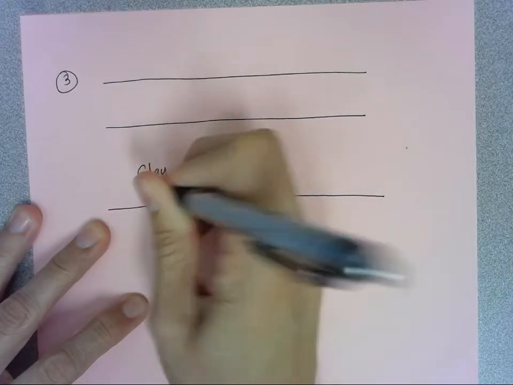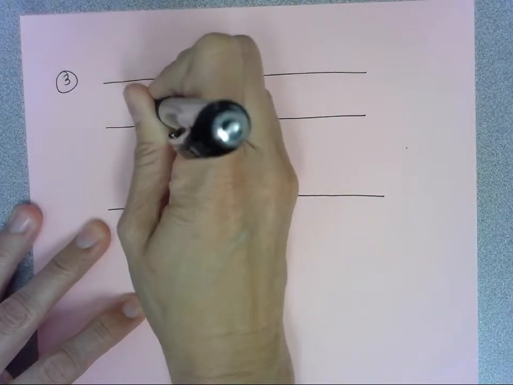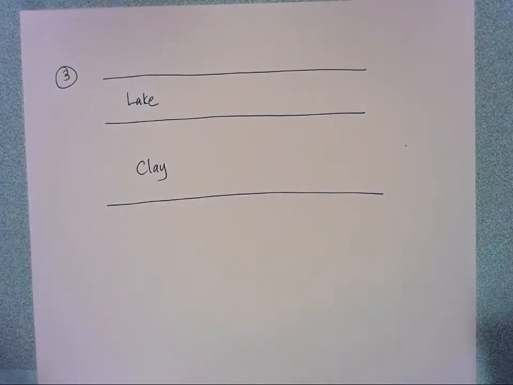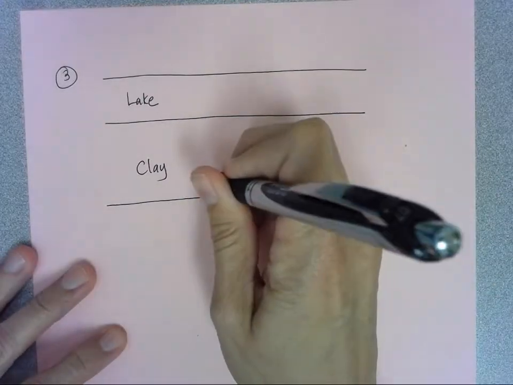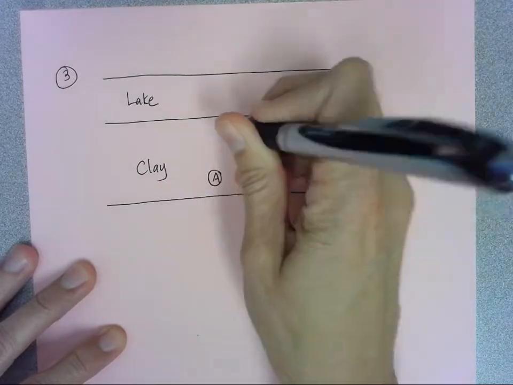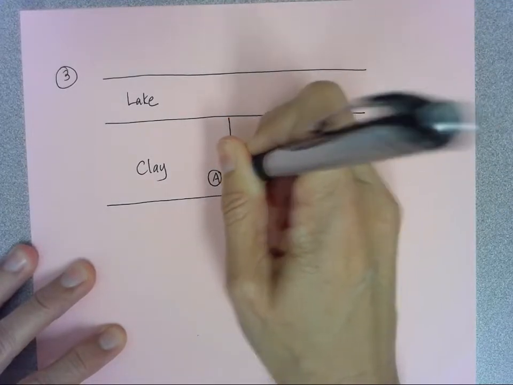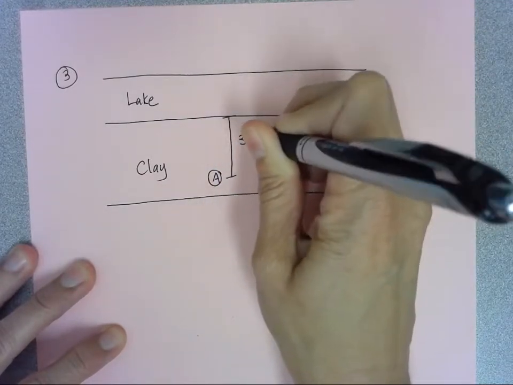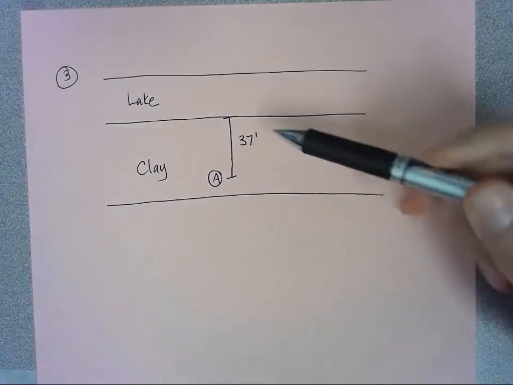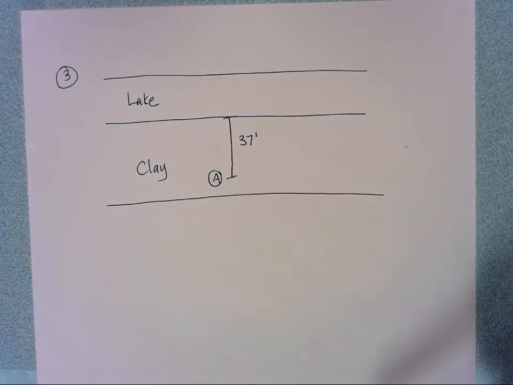Okay, so here's my clay and here's my lake. We don't know exactly how deep the clay layer is, but we want to look at the effective stress at this point A, which is 37 feet below the surface of the clay layer.